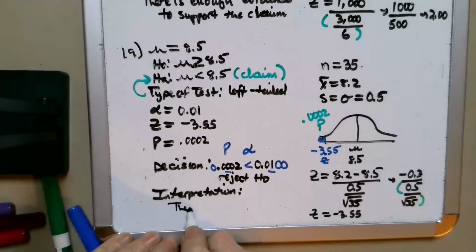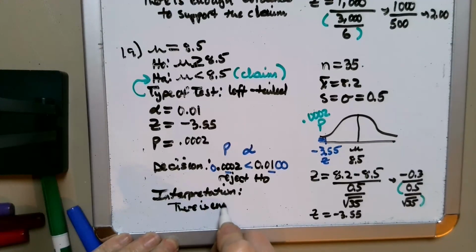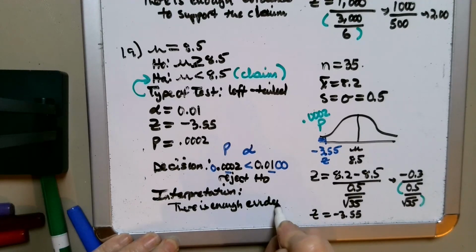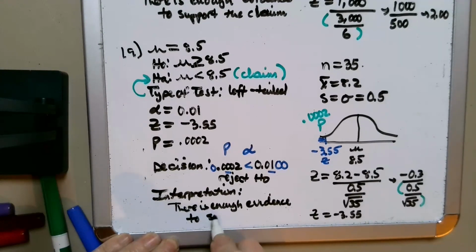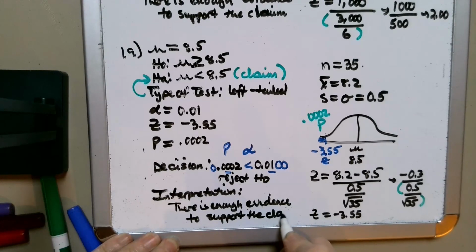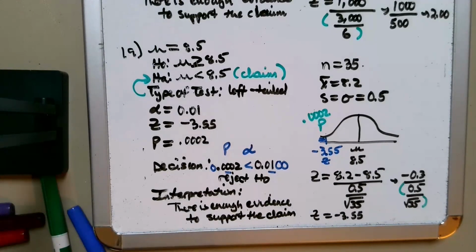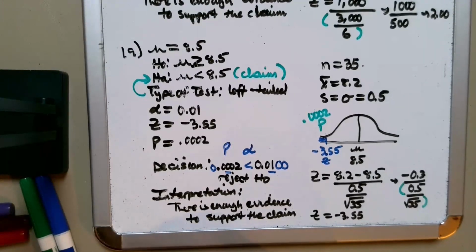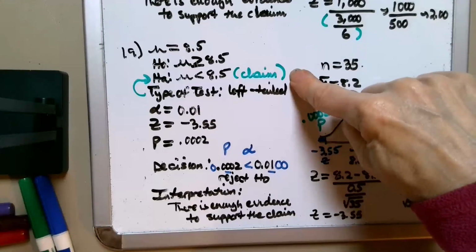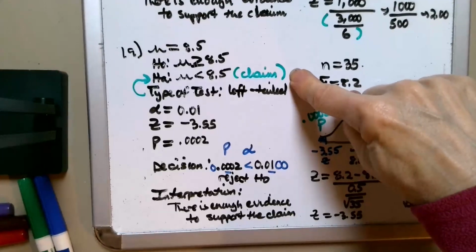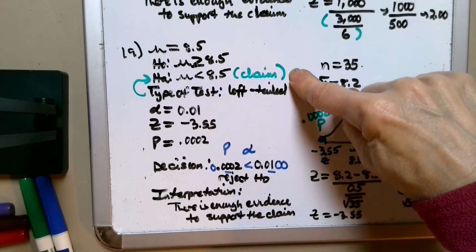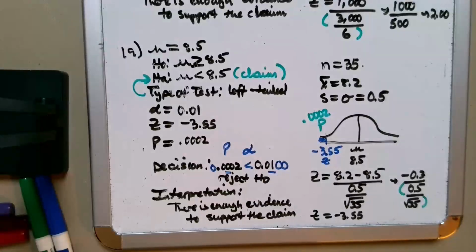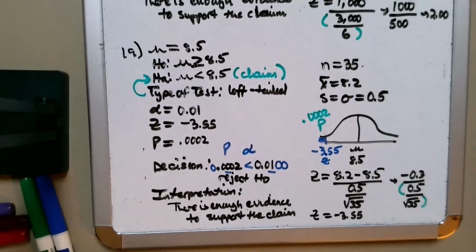So there is enough evidence to support the claim that the CEO said, that the people at his company work less than 8.5 hours on average per day. Because again, we are rejecting the null, so the evidence favors the alternative. Is there enough evidence to support that alternative, that claim? Yes, because we're rejecting the null. So I'll stop here and I'll pick up on my last video with number 20.